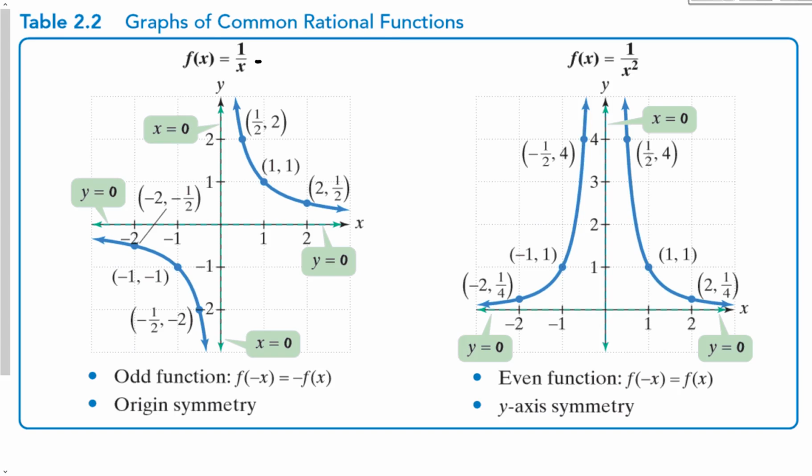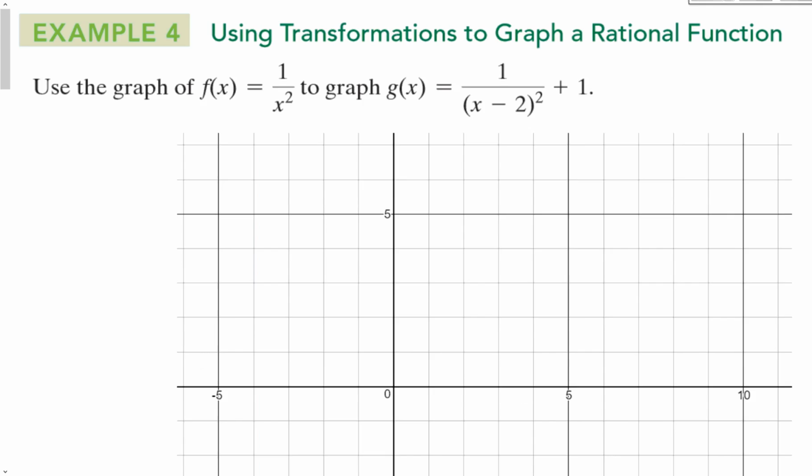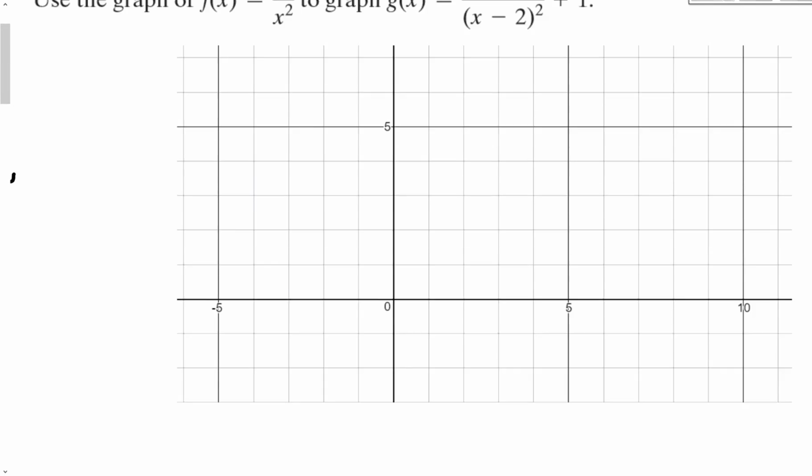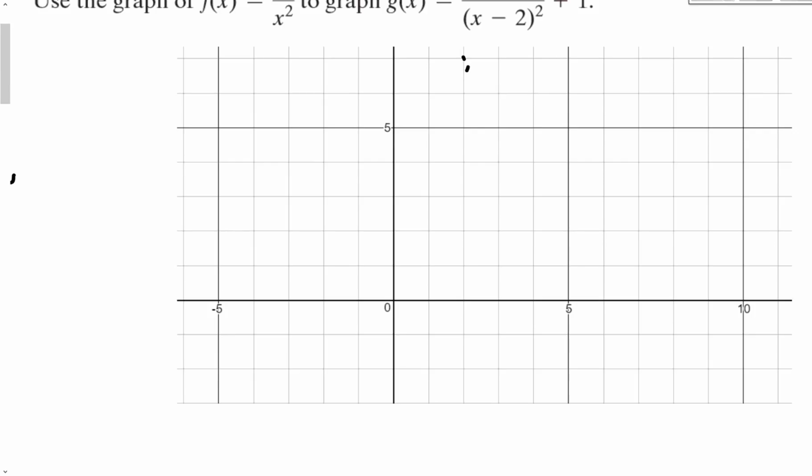So if I look at the parent function, I see that it has both. It has a horizontal asymptote at 0 and a vertical asymptote at 0. Now, if I shift this 2 to the right, it's going to have a vertical asymptote at 2.